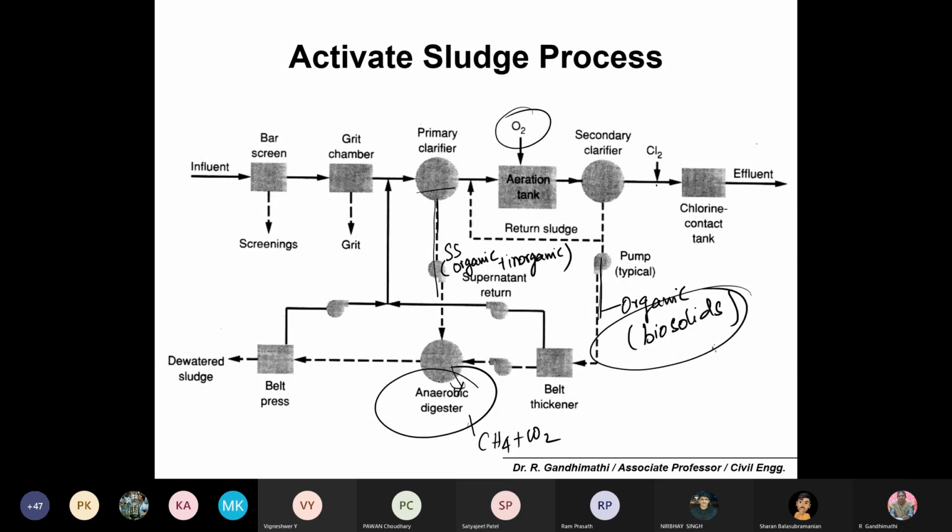Then after anaerobic digestion, the outlet of this is the digested sludge. This may be passed into the sludge drying beds, instead of a belt press. Because the digested sludge again contains moisture content, that moisture is to be removed by passing the sludge into the sludge drying beds.